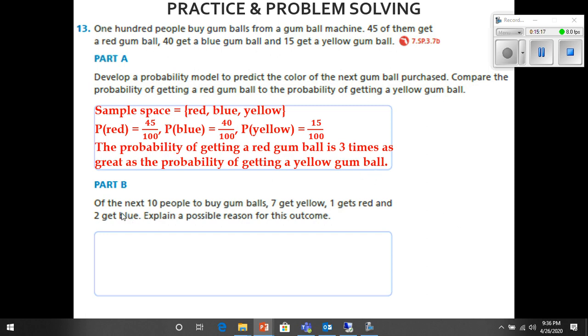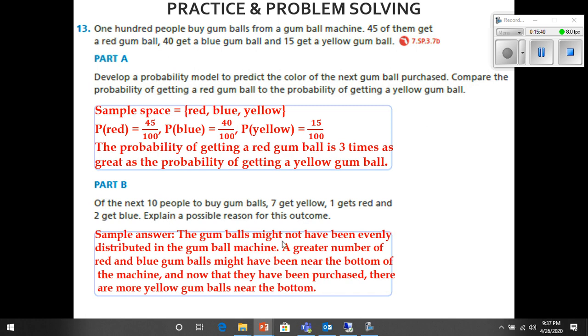Part B: of the next 10 people to buy gumballs, 7 get yellow, 1 gets red, and 2 get blue. Explain a possible reason for this outcome. Why are they asking us to explain this? Well, it's very easy.